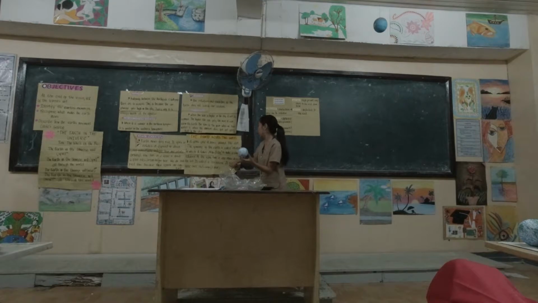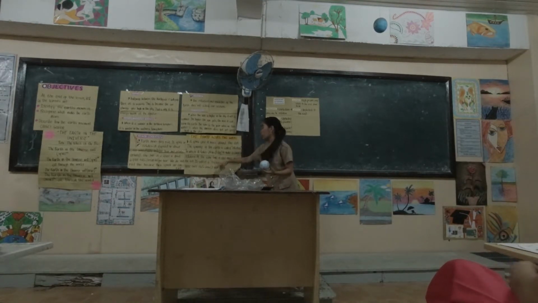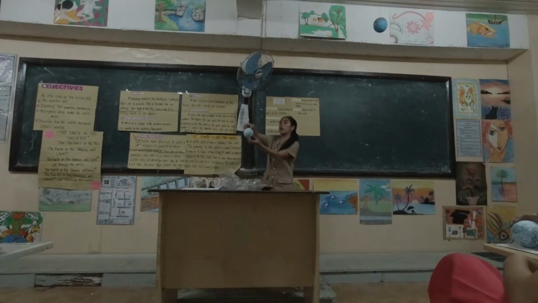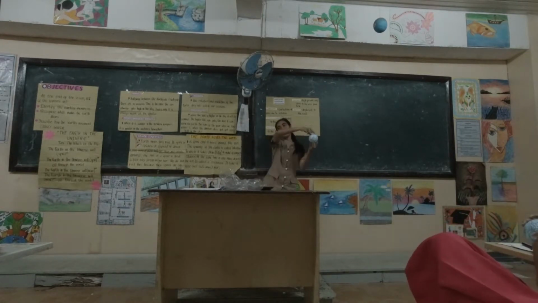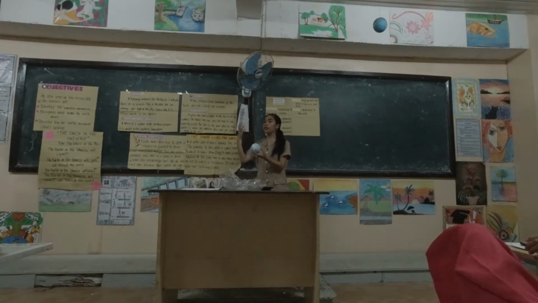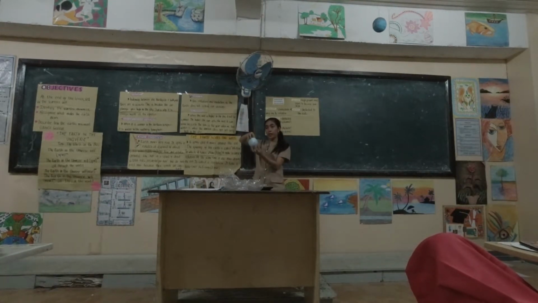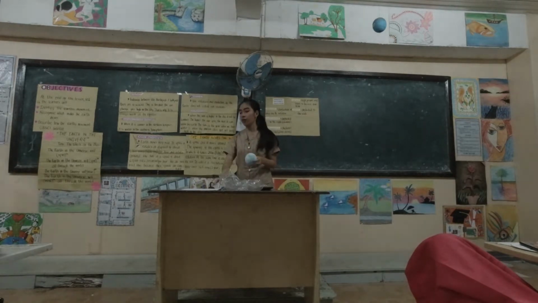So when we say na it takes a little over 365 days for 1 year, doon na siya magre-revolve sa sun. Doon na tayo magkakaroon ng another day. Kunwari, Monday ngayon. So, iikot siya, re-revolve siya sa sun, tapos dadating na siya dito. So, we will be coming up each day. Ganon yung movements ng ating Earth.